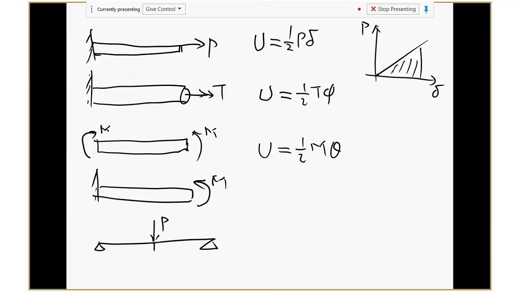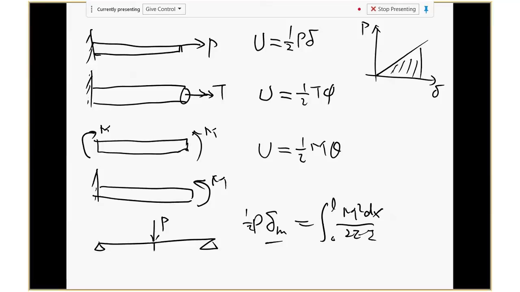Because P travels a distance delta, the work done will be P times delta maximum times a half. That's supposed to equal the energy stored in this beam. So you find M, then use this to determine the delta. Really quickly you can do it. That's basically the application: you can use the energy to determine the deformation.